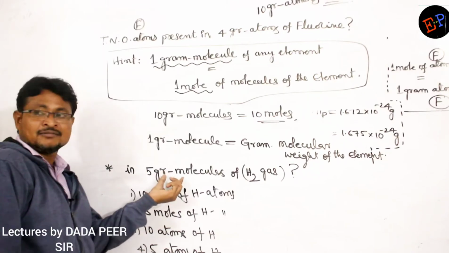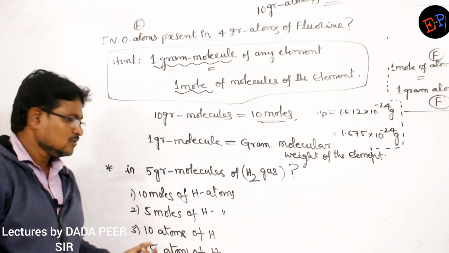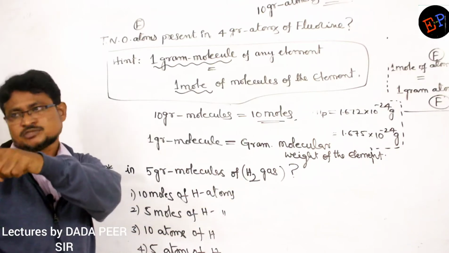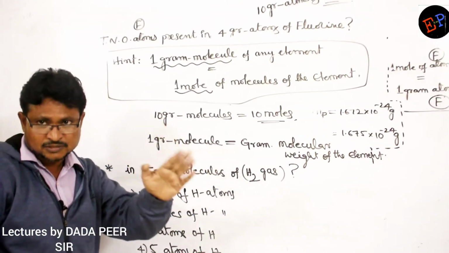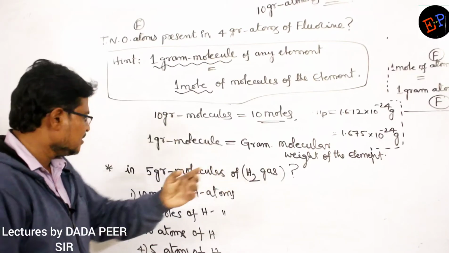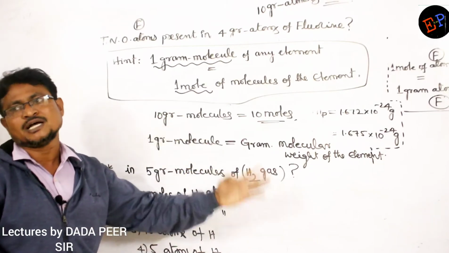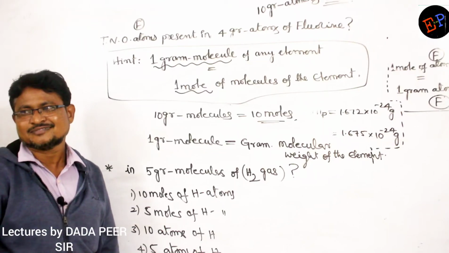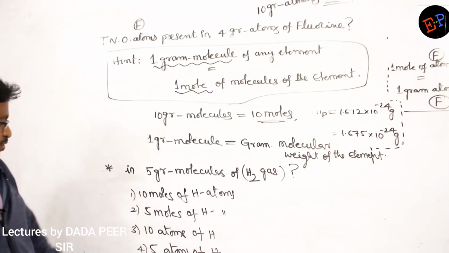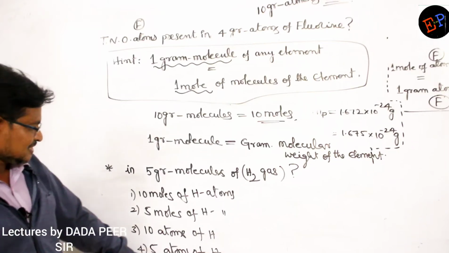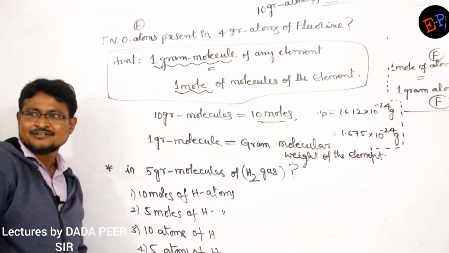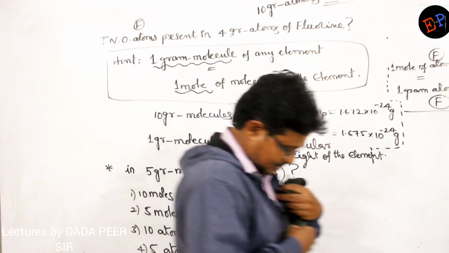What is given? Gram molecules. And what is asked? Atoms. The total number of atoms present in 5 gram molecules of H2 gas. Fourth option is the safest option, 5 and 5.